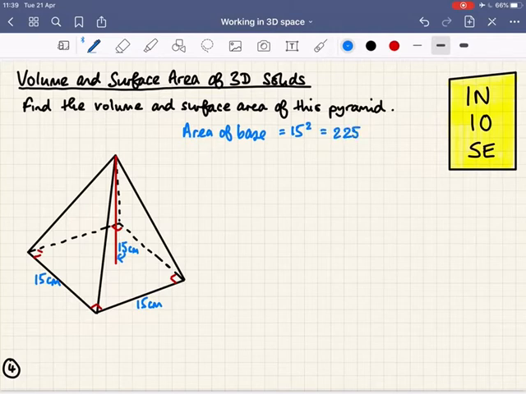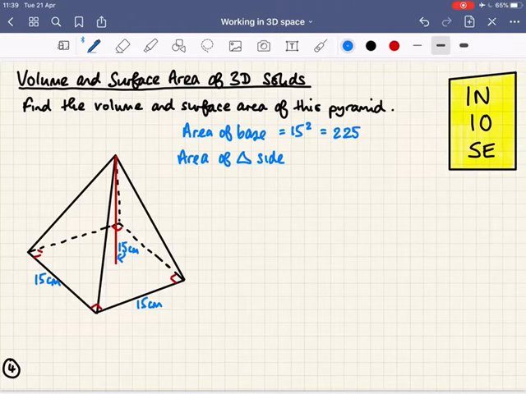But we now need to find the area of each of those triangles, those triangles, which aren't right-angled triangles, that make up the 4 sides. So let's have a look at how we find the area of one of the triangular sides. Well, we're going to need to use the work we did on right-angled triangles to find some proportions, because we know the area of a triangle is half base times height, and I've got the base, it's 15.